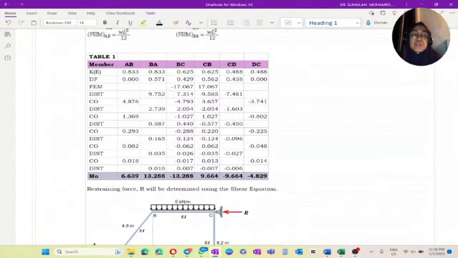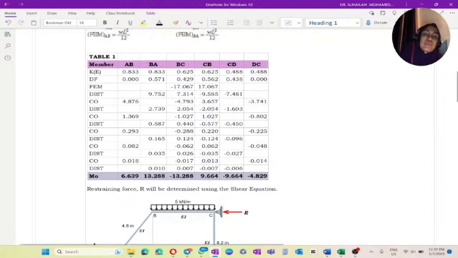We put the FEM into the table as the first moment, and we do distribution as well as carry over the value. We repeat the cycle again and again until the moment reaches zero value.